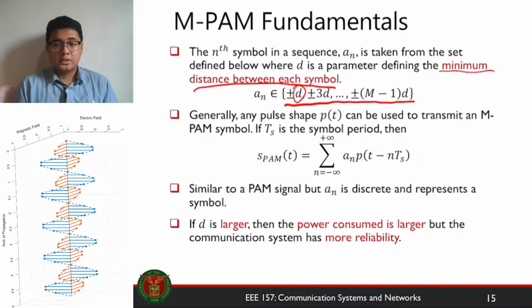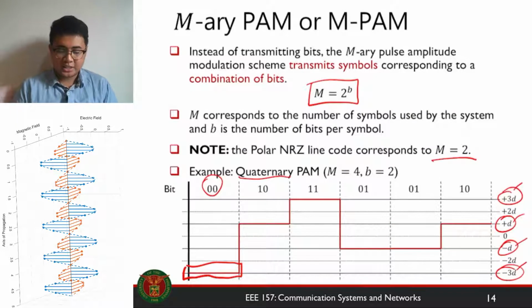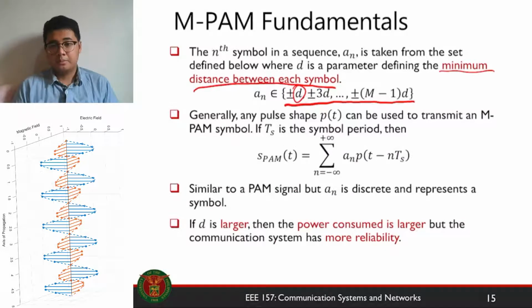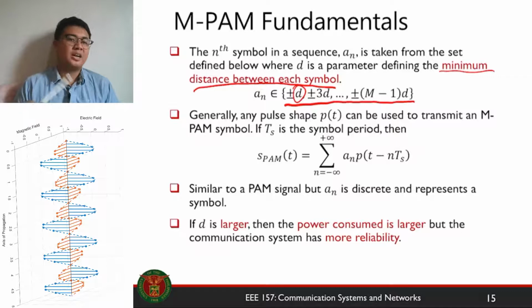So in PAM, we can transmit any pulse that corresponds to this symbol. In this example, we transmitted a rectangular pulse, p of t. But generally, we can use any pulse, and by designing this pulse appropriately, you can actually conserve more bandwidth. But again, this is for higher courses. It's not for this course, rather.